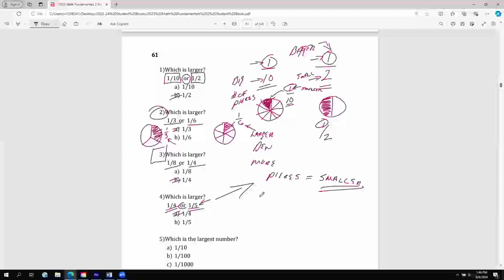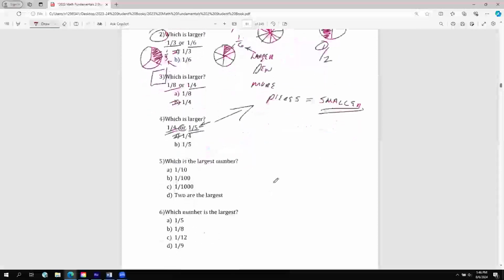Let's do another example. Example number 5. Look at all those fractions or those situations. Which one represents the largest quantity? Did you say A? Because that's correct. I know you're looking at 1,000, you're saying, God, 1,000, that's a big number.